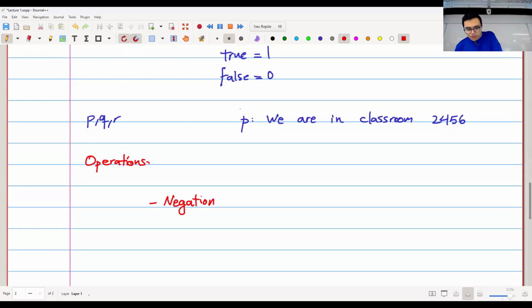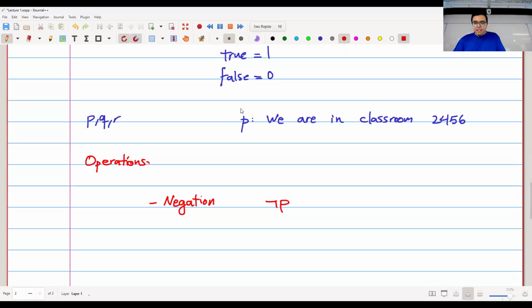If I have a proposition P, I show the negation of P like this, and the way I read it is that it is not the case that P. So if P is that we are in classroom 2, 4, 5, 6, negation of P would be we are not in classroom 2, 4, 5, 6. Or to be more pedantic about it, it is not the case that we are in classroom 2, 4, 5, 6. So that's how I create negation.